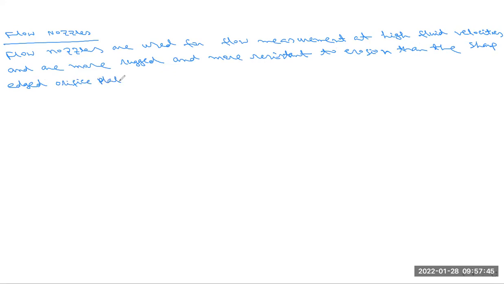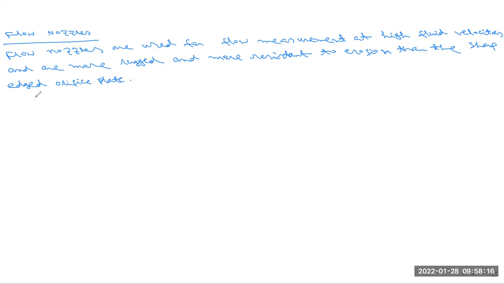Okay, so where we have to use the flow nozzle method for flow measurement, it is for high fluid velocity, where the high pressure fluid velocity you have to control for the flow measurement method, and where more rugged and more resistant type of fluid we have to control, and where the sharp edge area is available, you have to use the flow nozzle method.